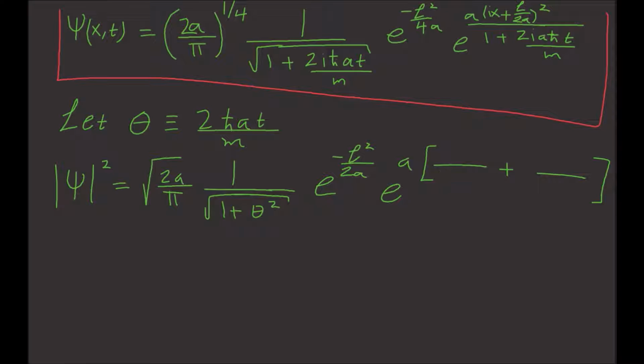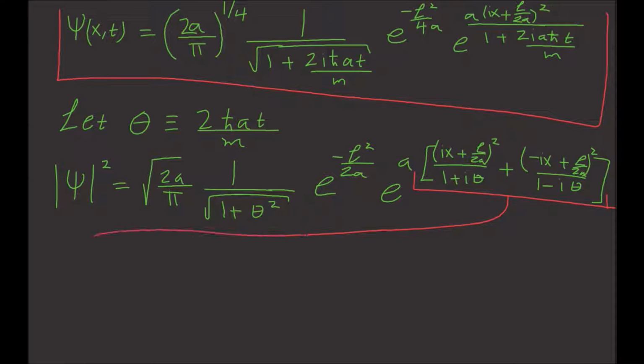So the bottom is 1 plus i theta, and this one must be 1 minus i theta, right? And the top here we have i x plus L divided by 2a, and this term is squared. Here we have minus i x plus L divided by 2a. This term is also squared. Alright, so let's take this bracket here and let's try to expand it. So what do we have?